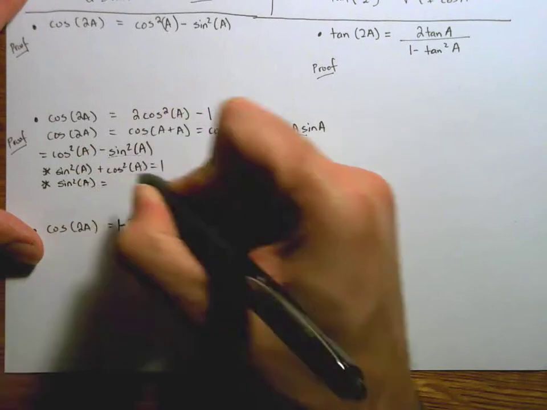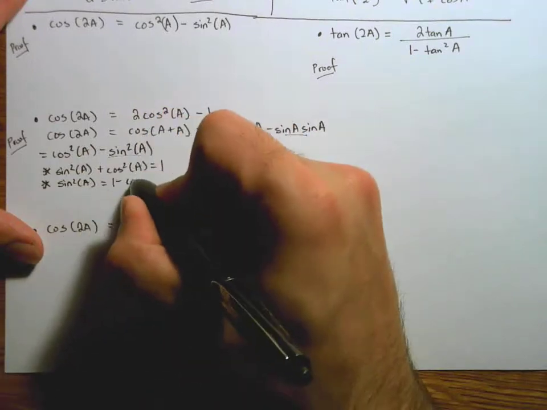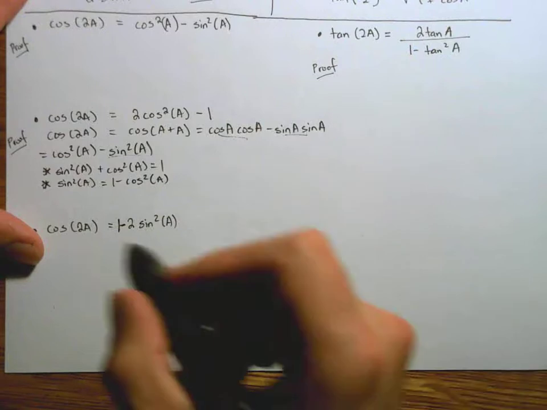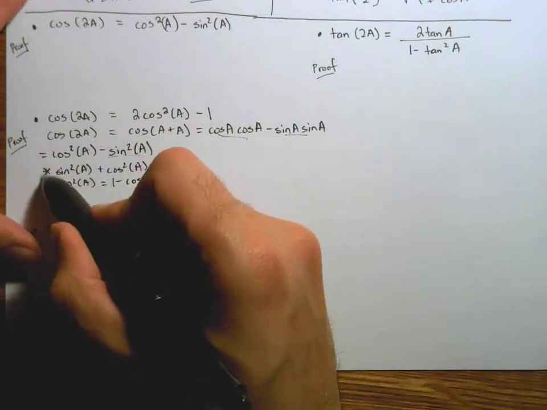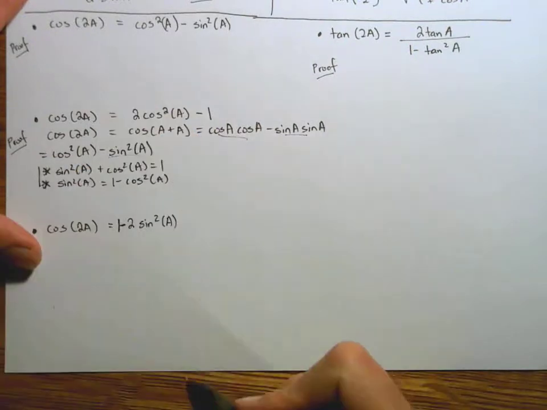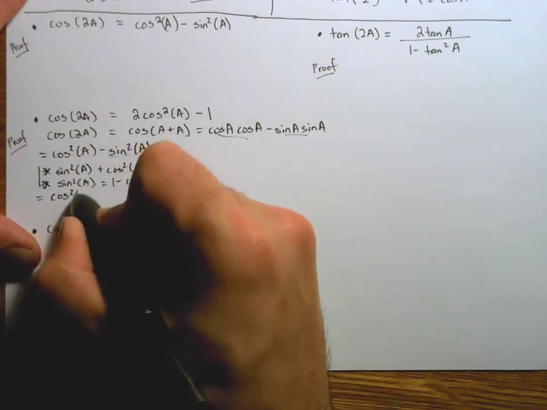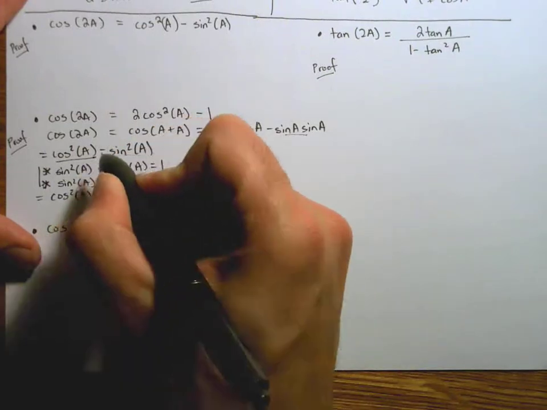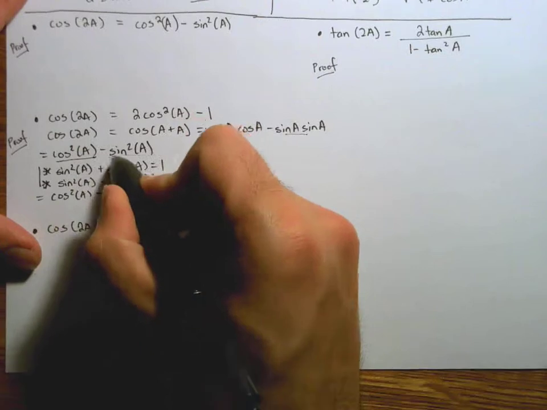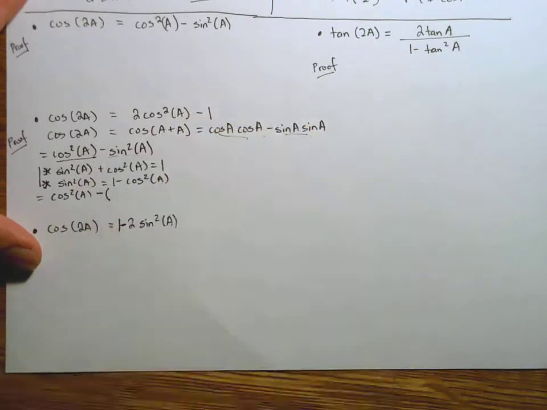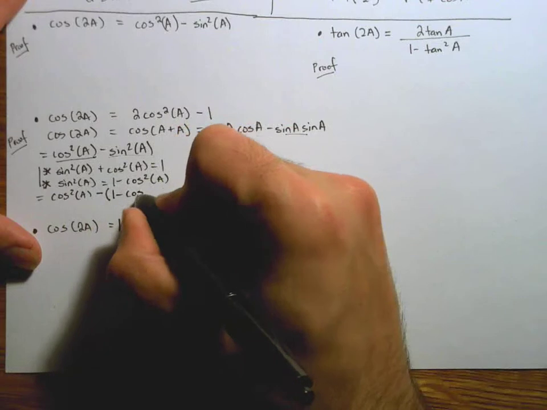So notice I've starred these, that means that these aren't part of the problem, but they're what I'll be using. So now I'm going to rewrite this part of the problem, cosine squared a minus, and notice I used a parenthesis here. Instead of writing sine squared, I'm going to write 1 minus cosine squared, because they're the exact same thing. Now I'm going to distribute this stuff out.